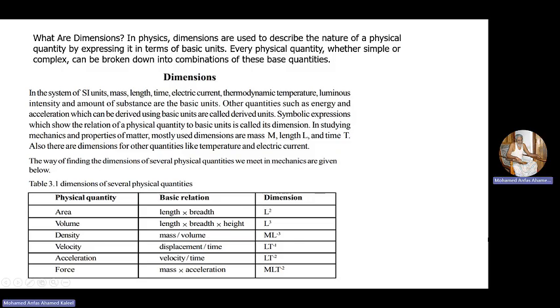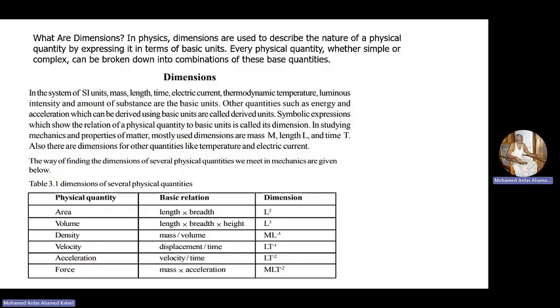In physics, dimensions are used to describe a physical quantity by expressing it in terms of basic units. Every physical quantity, whether simple or complex, can be broken down into a combination of these base quantities.